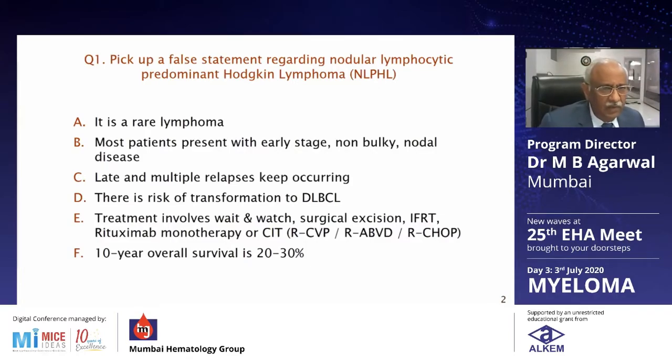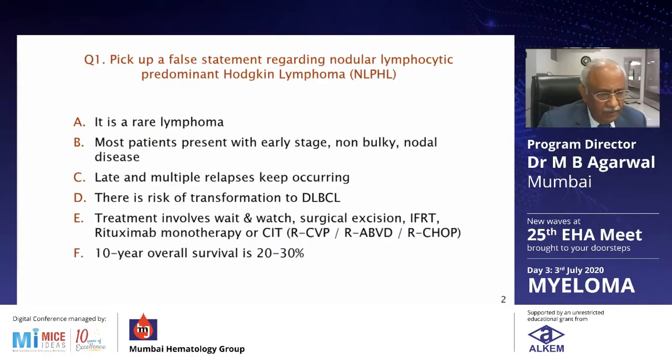It's a rare lymphoma. Most patients present with early stage, non-bulky disease and nodal disease. Late and multiple relapses keep occurring. There is a risk of transformation to non-Hodgkin lymphoma, DLBCL, diffuse large B-cell lymphoma.